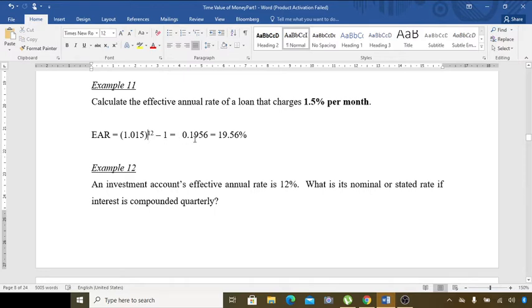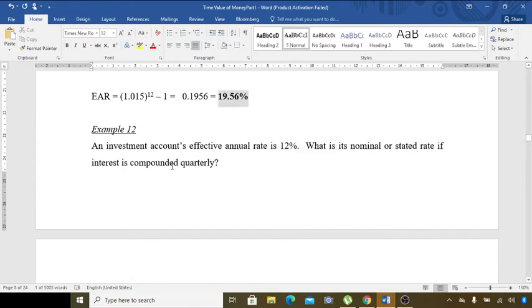All together minus 1 becomes 0.1956, or 19.56%. So effectively you are paying 19.56% per year. This is the effective annual rate. Compare this with the 18%, which is already high. But effectively you are paying 19.56% interest per year on your credit card.